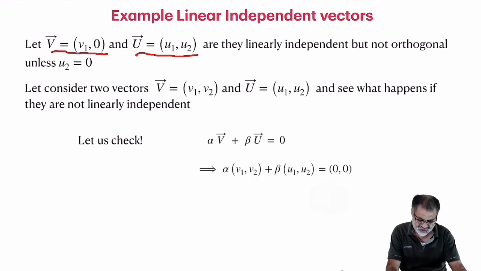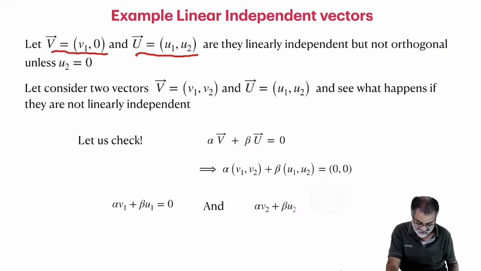Of course, we have to use our definition of multiplication by a scalar and summation of two vectors. By combining that, we have to equate it to a zero vector. That is what it means to show linear independence or linear dependence.